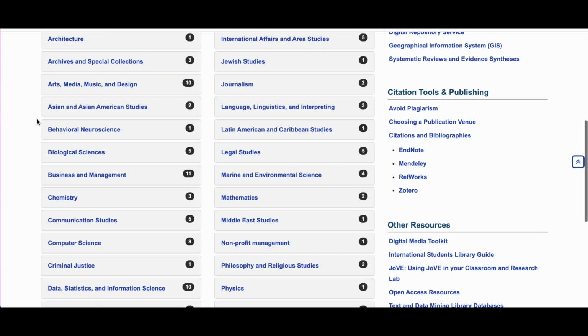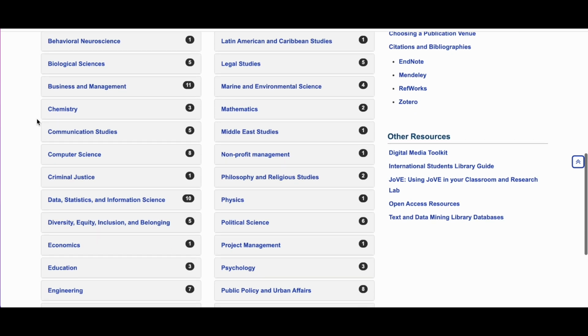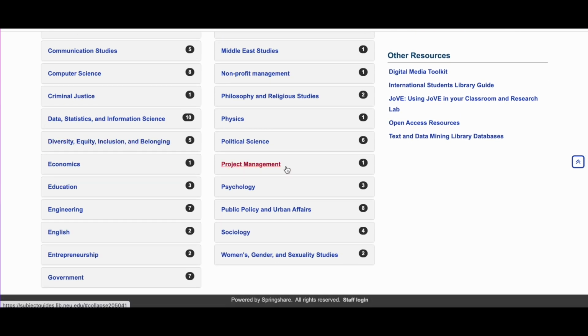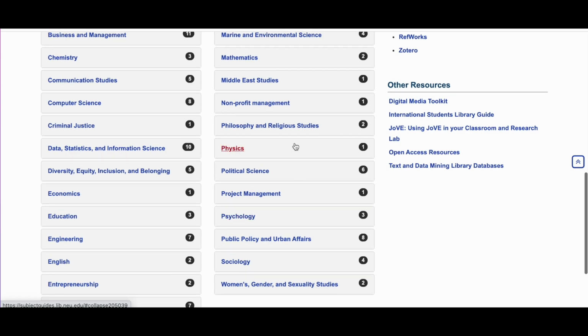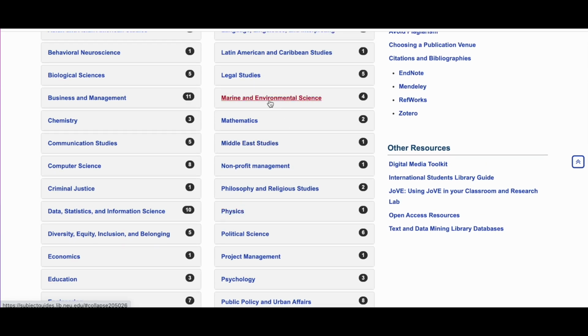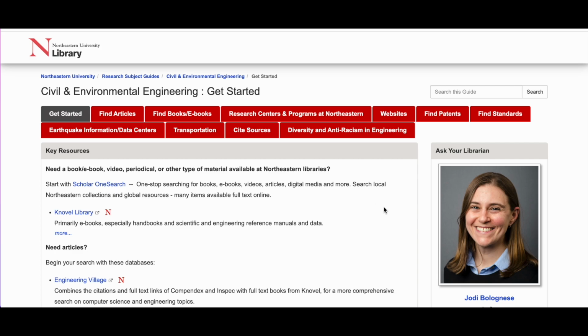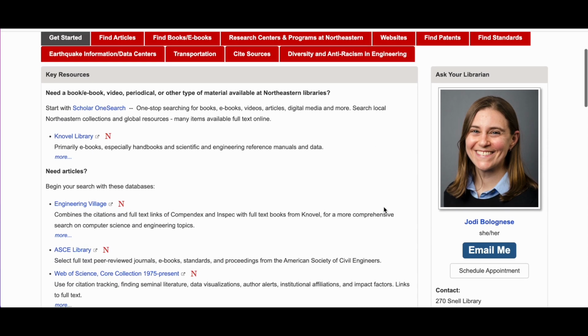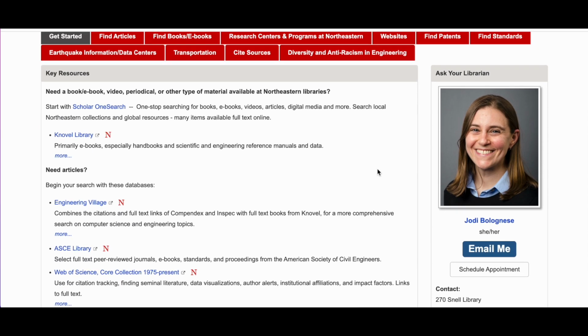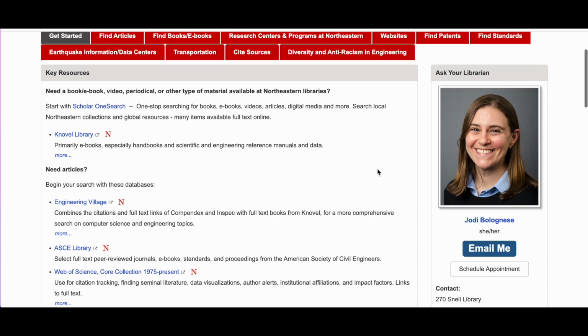These are research guides that the library has put together. So for instance, let's say you are, let me find a good one, we'll do marine and environmental science. Let's do civil and environmental engineering, since that seems most relevant to our purposes in this class.